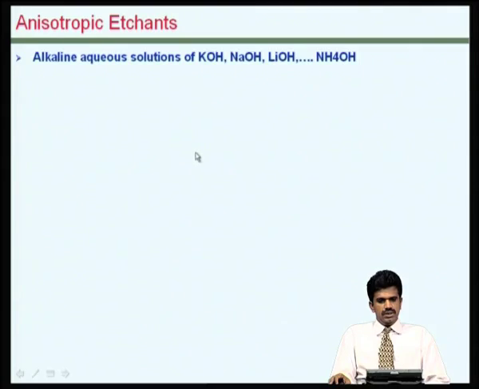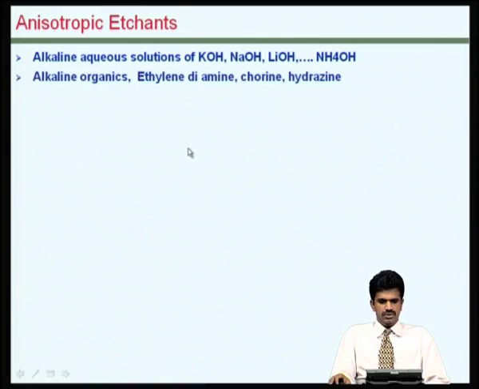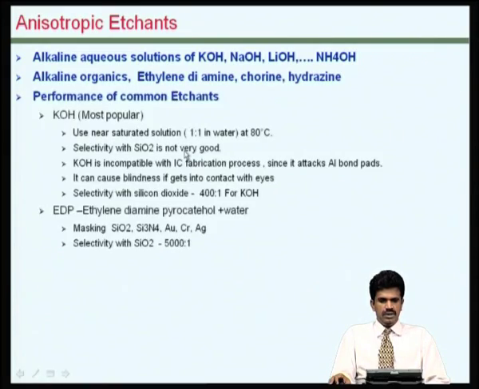Etchants used in anisotropic etching are usually alkaline aqueous solutions. KOH is by far the most popular material, and it has reasonable selectivity with SiO2. It is better with silicon nitride.